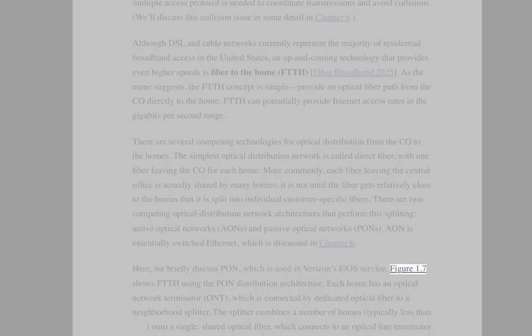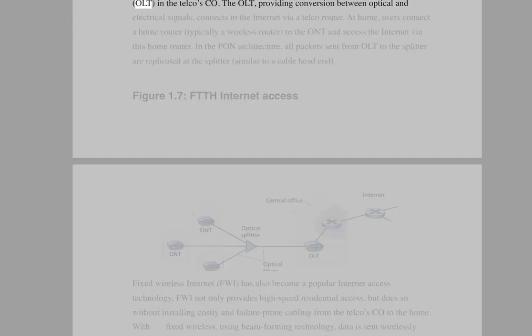Figure 1.7 shows FTTH using the PON distribution architecture. Each home has an optical network terminator, ONT, which is connected by dedicated optical fiber to a neighborhood splitter. The splitter combines a number of homes onto a single, shared optical fiber, which connects to an optical line terminator, OLT, in the telco CO. The OLT, providing conversion between optical and electrical signals, connects to the internet via a telco router.